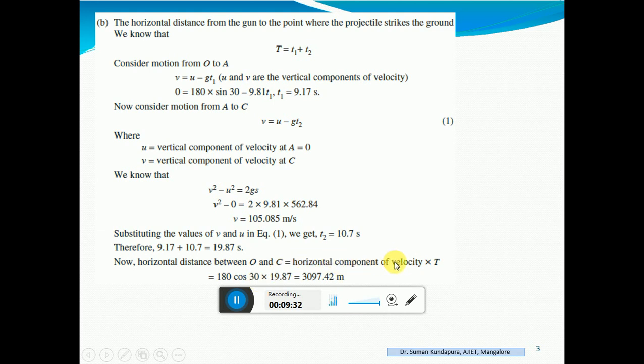This is constant, right? So it is u cos theta into total time taken. We will get 3097.42 meters. So we have found the horizontal distance from the gun to the point where the projectile strikes the ground. This component is constant from that point, which is why here it is 180 cos 30.